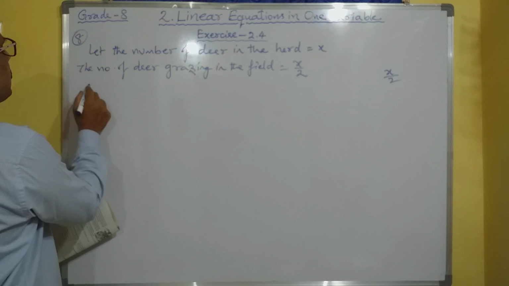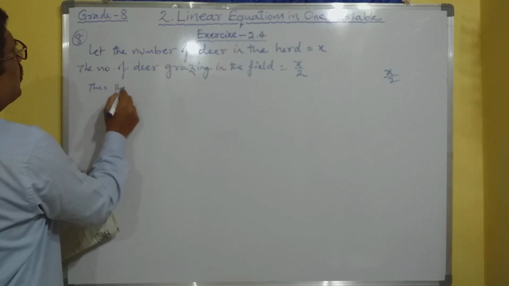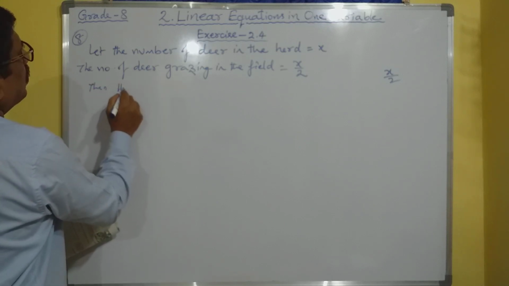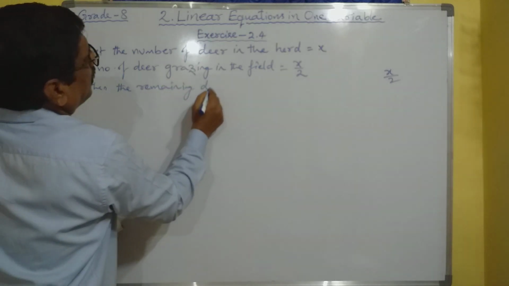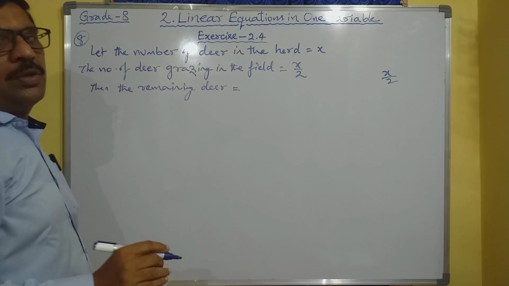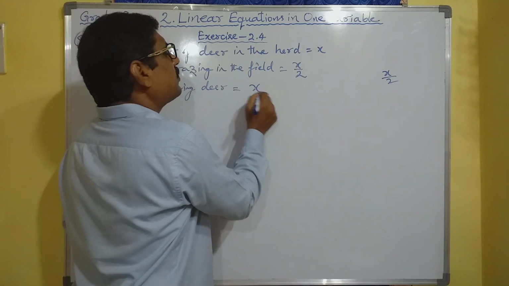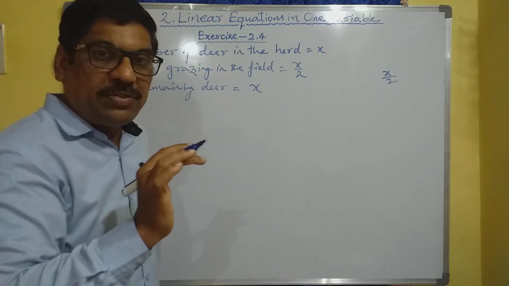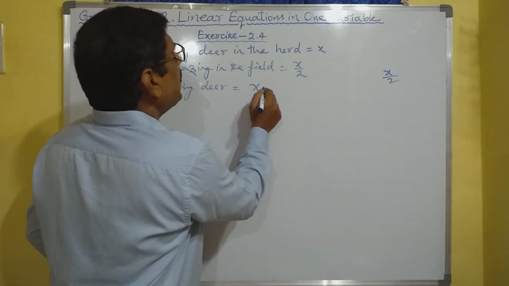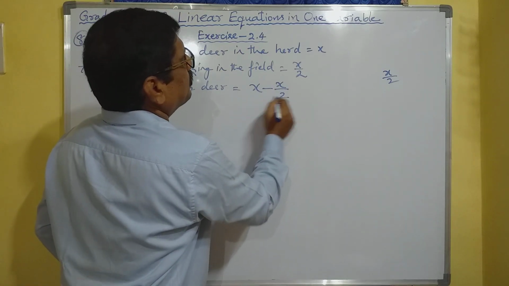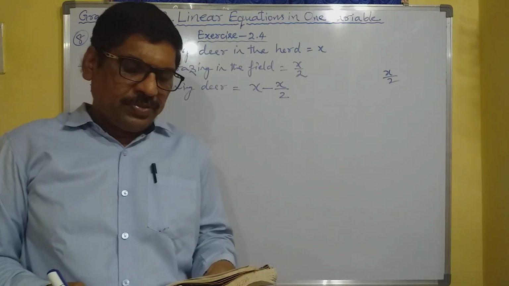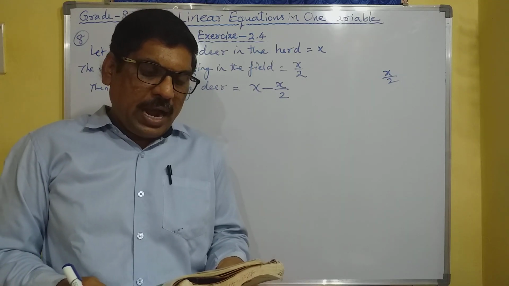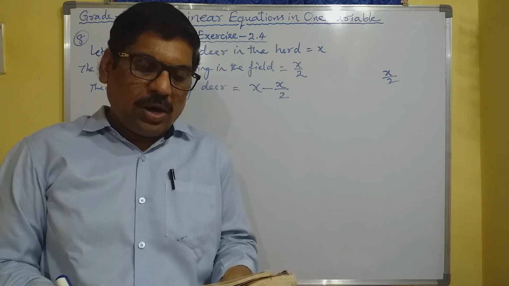So the remaining then, the remaining deer, how many deer will be left over? So actually the total number of deer is x. If x by 2 means half of them are grazing, means the remaining is x minus x by 2. Okay, now let us go with the next sentence. See, in the field and 3/4 of the remaining are playing nearby.